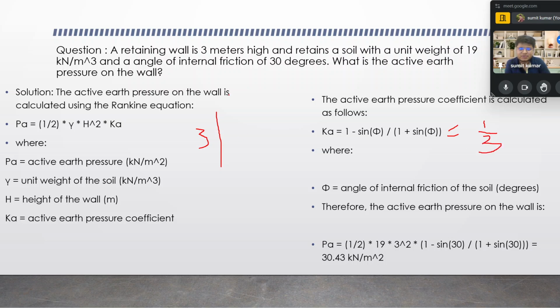The retaining wall is 3 meters high. First of all, we make an earth pressure diagram. As the water table is not mentioned, we come to know that this 3 meter height is there, and it is asking what is the active earth pressure on the wall. Give me a minute.